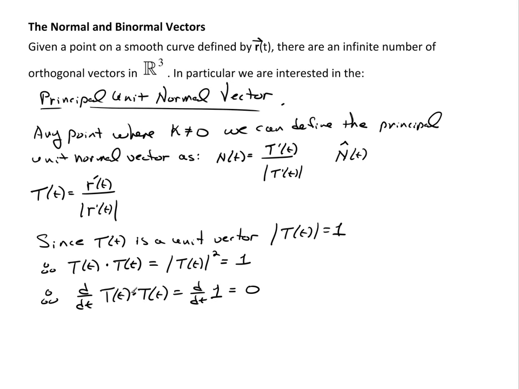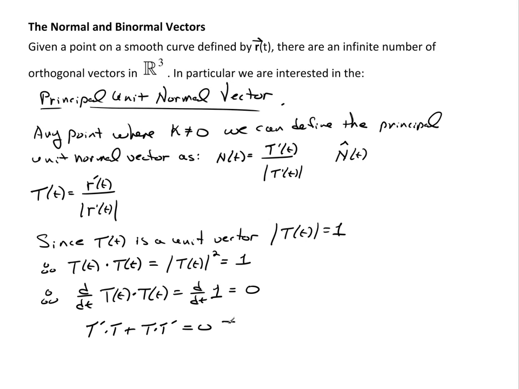I said the dot product is 0, but that's not true. The derivative of the dot product is going to be 0. But the derivative of the dot product I could write as T prime dot T plus T dot T prime, and that is equal to 0. This is just rewriting this derivative.